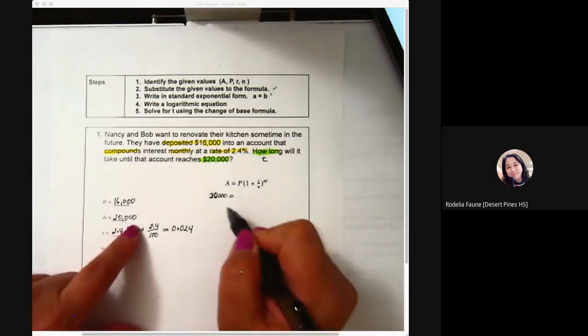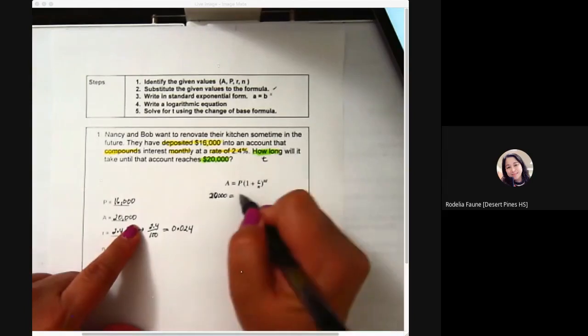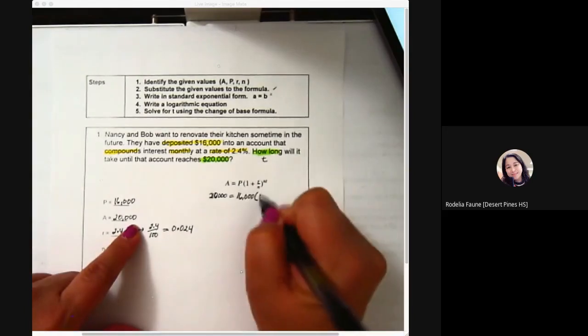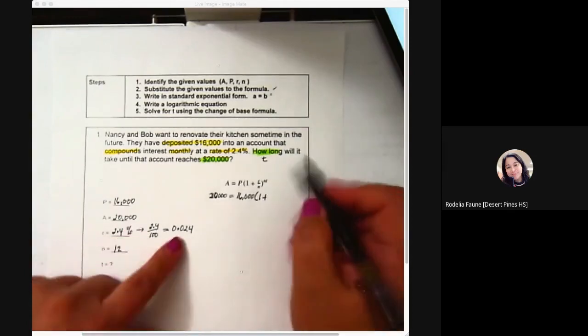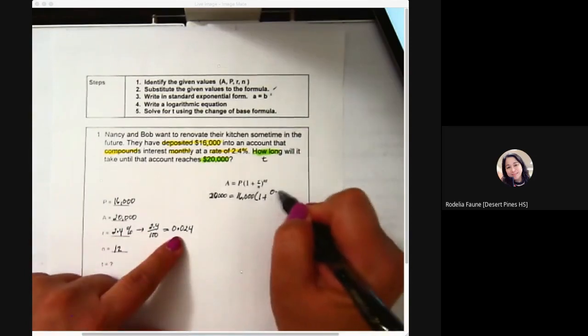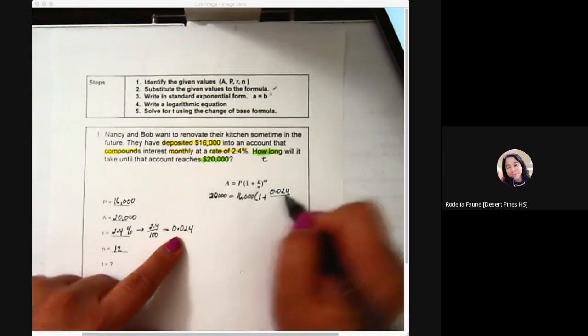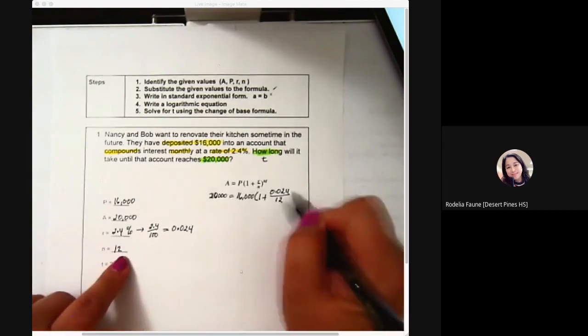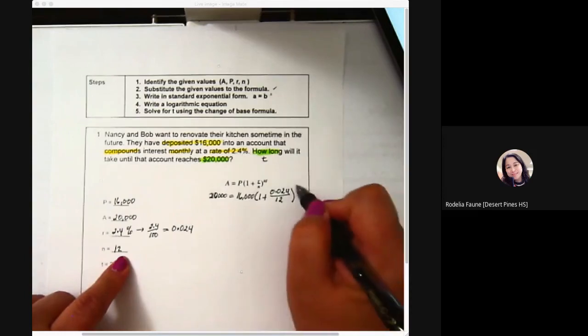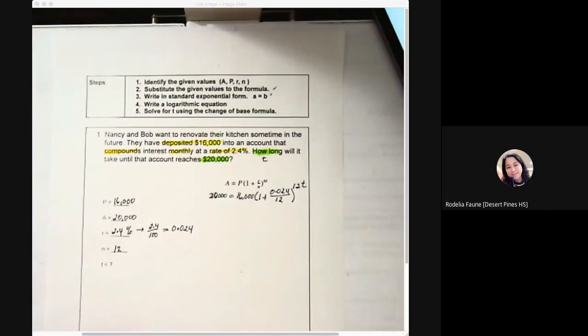A is 20,000. Our P is 16,000 times 1 plus R. The R is 0.024 divided by N. The N is 12. So raised to N, which is 12 times T. So this is what we are looking for. We're looking for the T here.